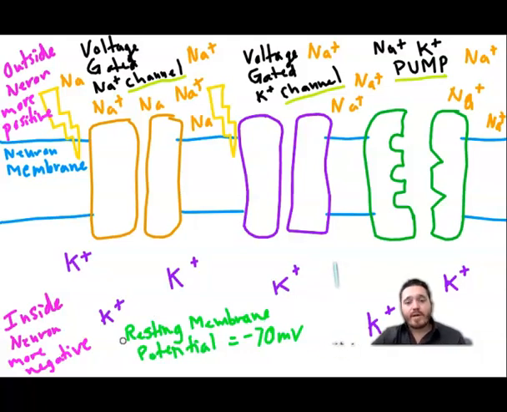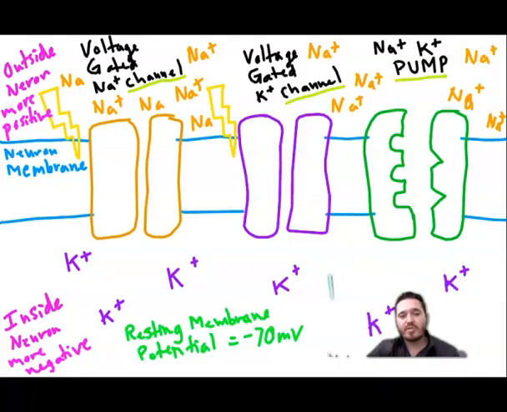So you might be wondering, what is it that actually causes this resting membrane potential to be negative 70 millivolts? And the answer lies in this sodium-potassium pump. So the sodium-potassium pump helps to restore that resting membrane potential. That's what we want. We want the more negative charge, negative 70 millivolts, inside the neuron than outside, because that's what it has to be at while it's not firing.